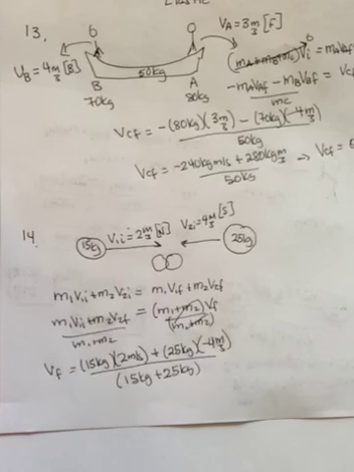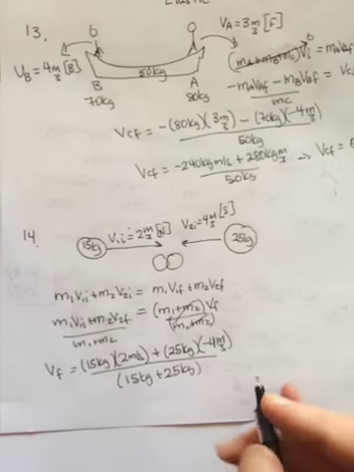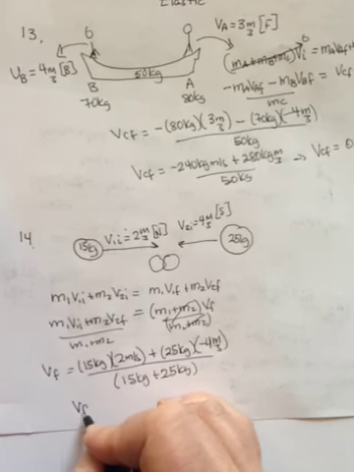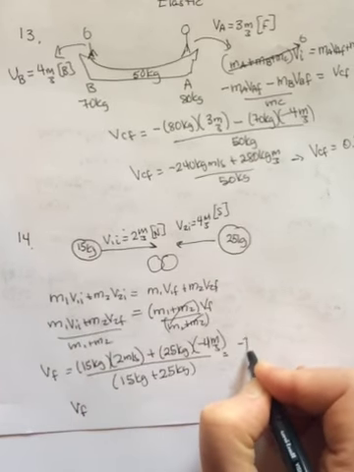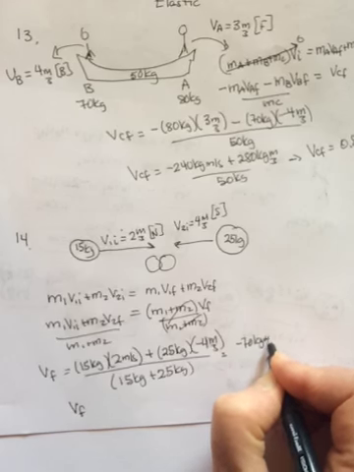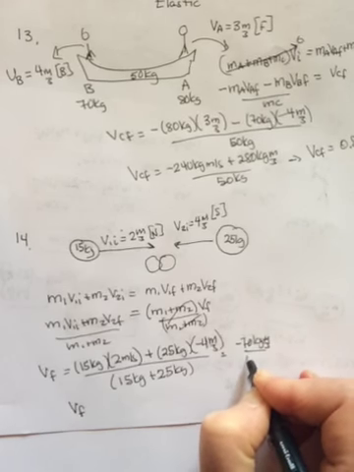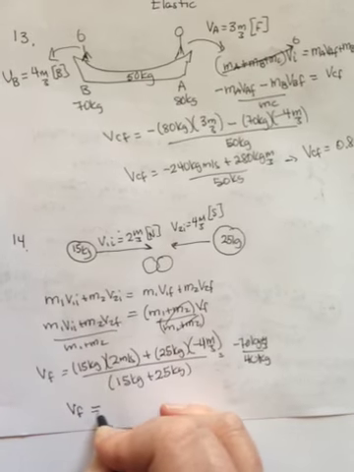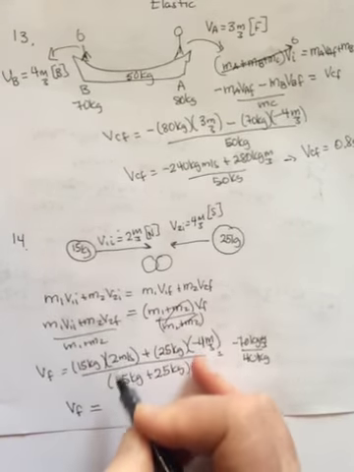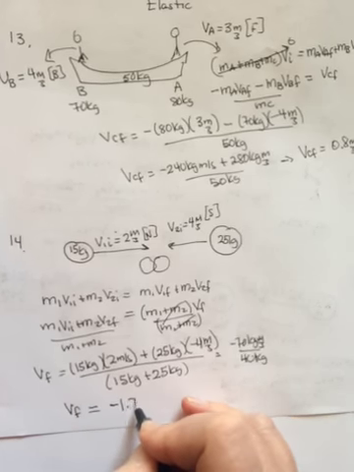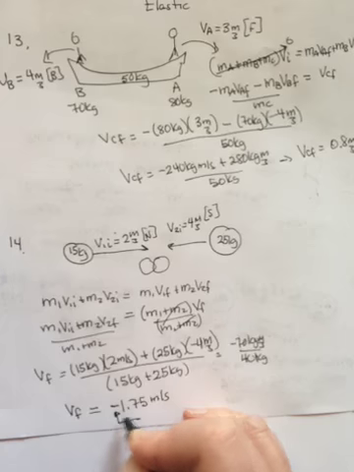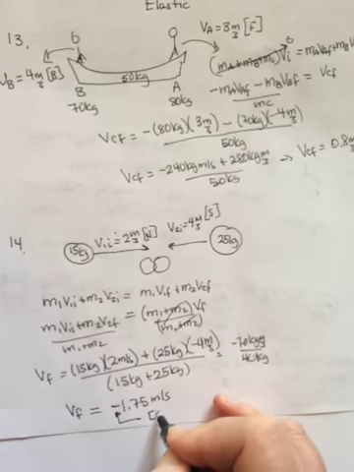So 7 over 4, so it should be 1.75, and it's going to be negative, right? So the top is negative 70 kilogram meters per second, and the bottom is positive 40 kilograms. And so you end up with negative 1.75 meters per second, and this negative simply means south.